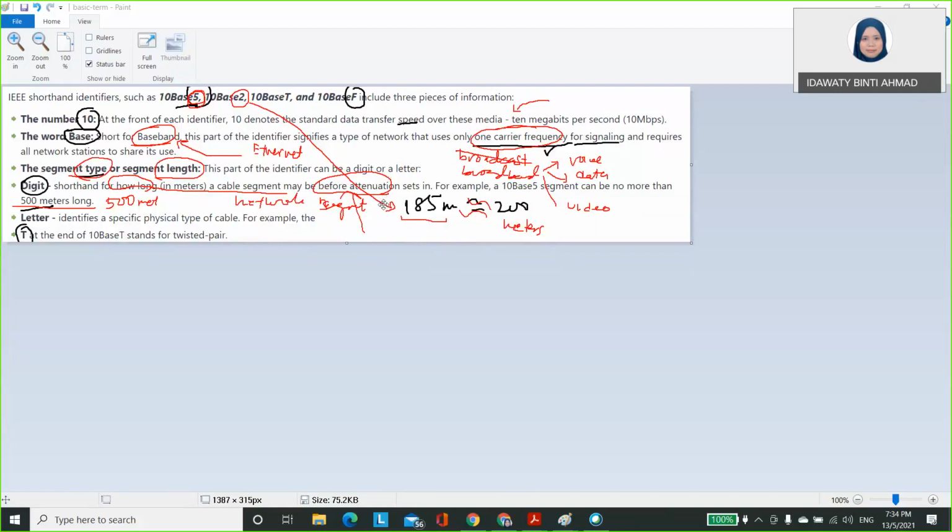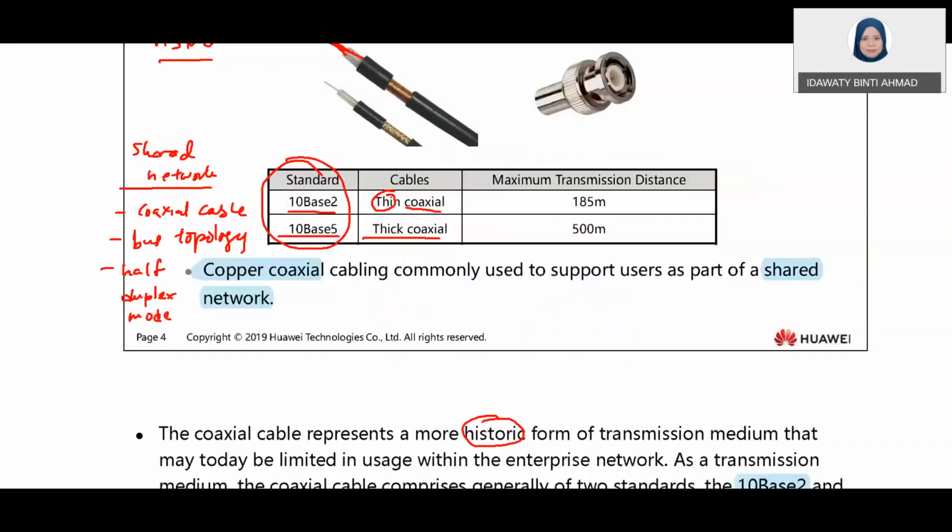And the last part, if it is a letter, let's say you have T here, T means twisted, and if you have F, it means fiber optic. If it's a letter, it identifies the physical type of the cable, whether it's a twisted cable or a fiber optic cable. That is how you read this part.